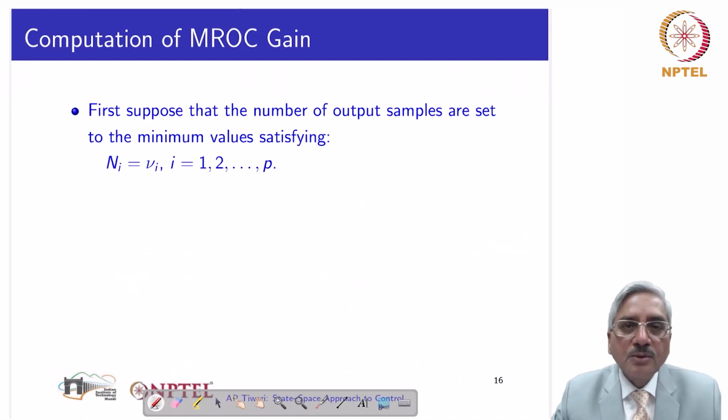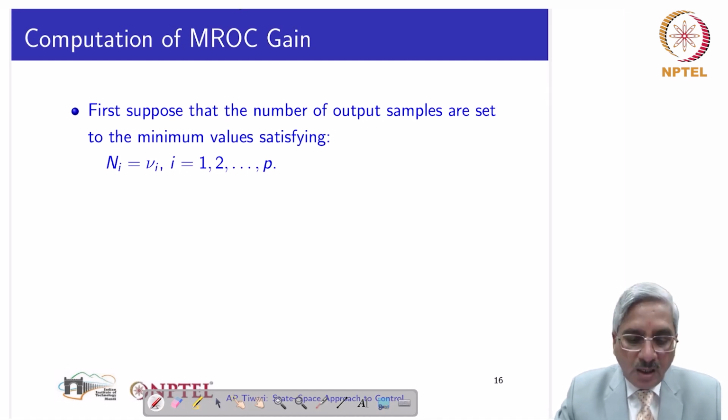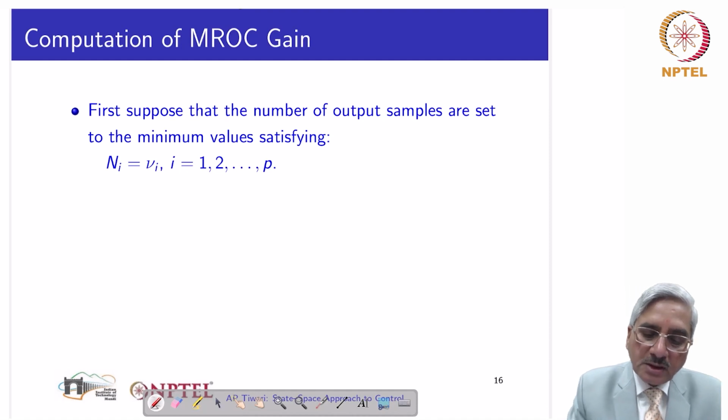Now obviously using those equations we can calculate the gain of the multirate sampled output controller. So there are two situations possible.